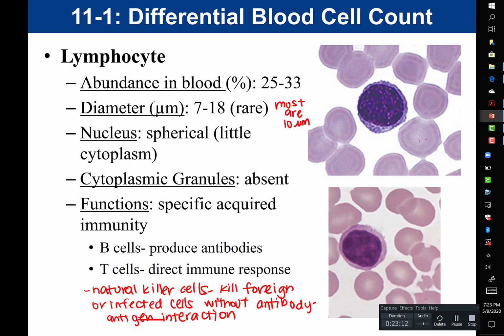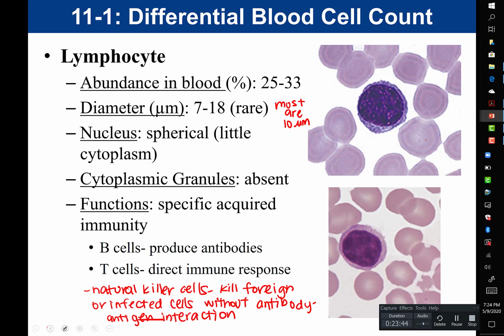An antigen is a molecule on a foreign invader that stimulates an immune response. So this is what gives your immune system some specificity, because they target different antigens. Natural killer cells can kill foreign or infected cells without that antibody-antigen interaction. They work a little more non-specifically. And so we'll learn more about those in our immunology lecture.